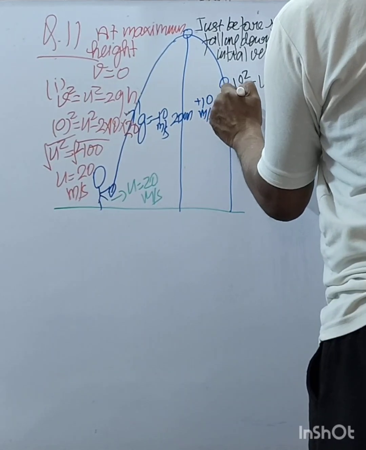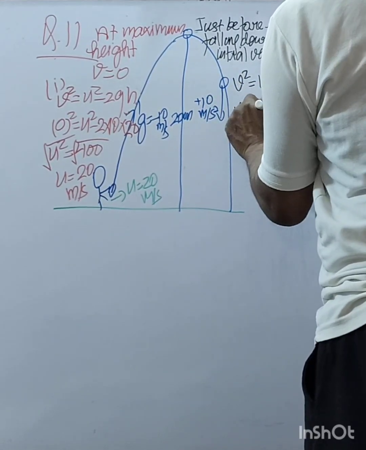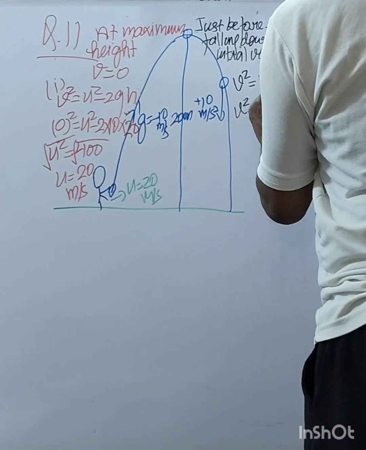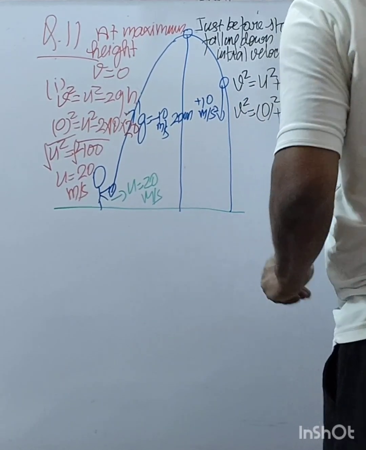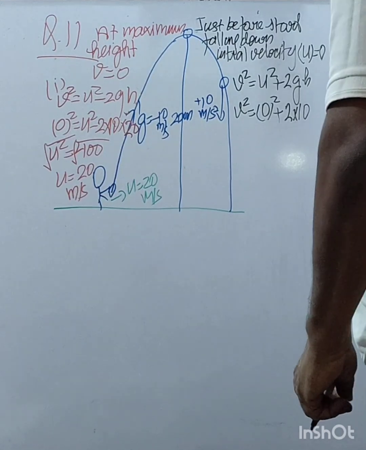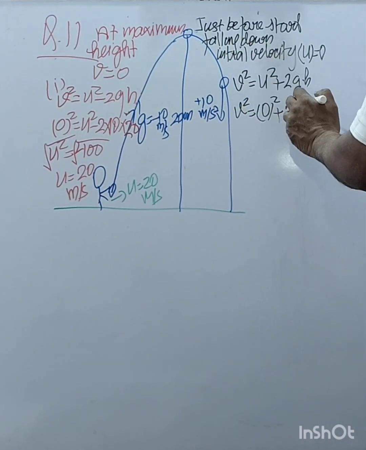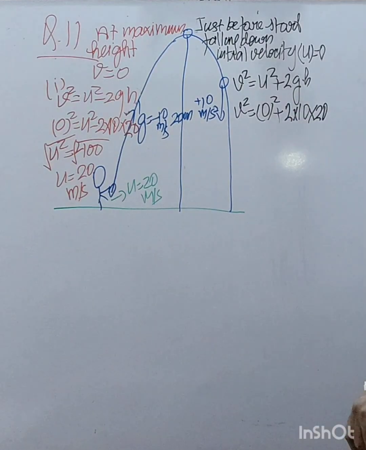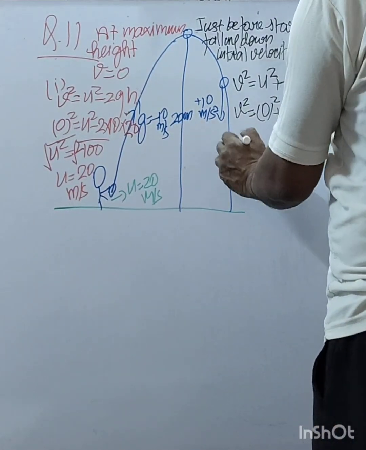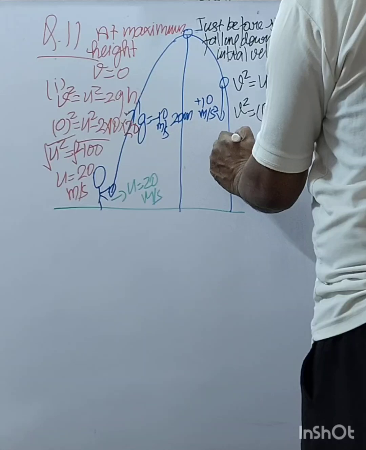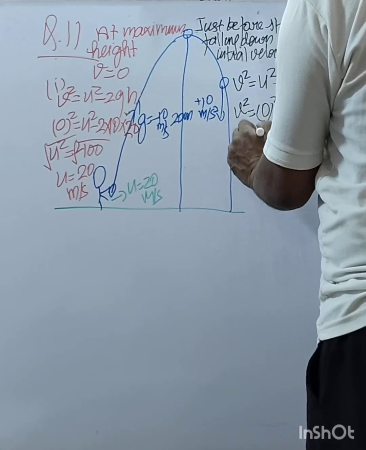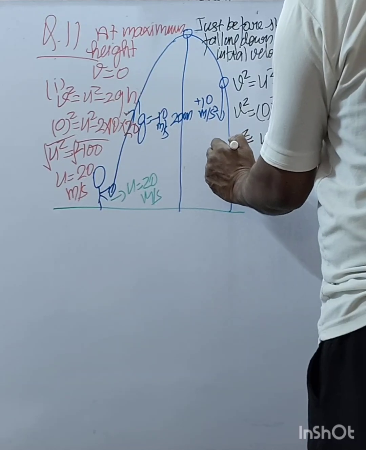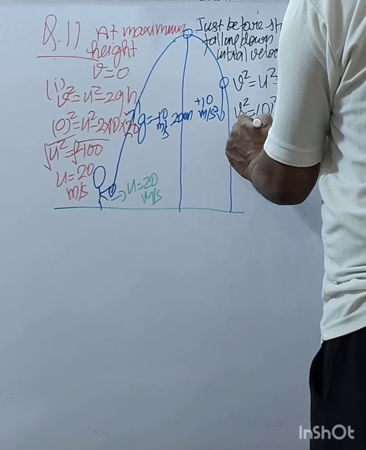So v square is 0 plus 2 into g, which is 10, and height is 20. What is your answer? 20 meter per second. Initial and final are both the same.